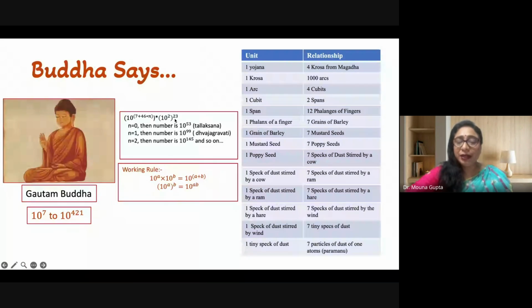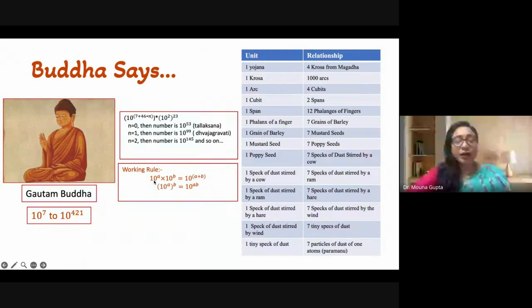I would like to tell there is a working rule. When we have 10 raised to power a raised to power b, this gives us the value 10 raised to power ab. And when you have it for 10 raised to power a times 10 raised to power b, this gives us a plus b. The numbers are added. So here he said, this is the one formula, and the Talakshana makes part of one counting system, but there are eight more counting systems.